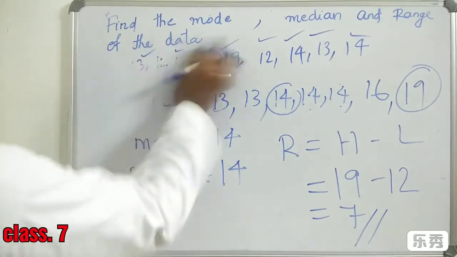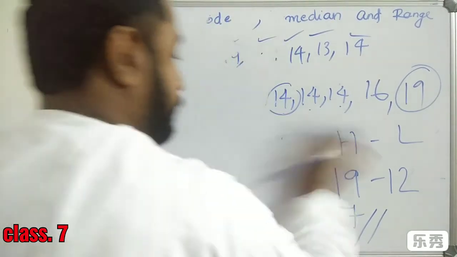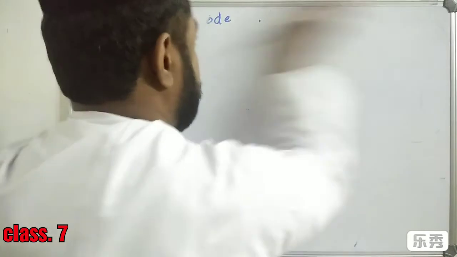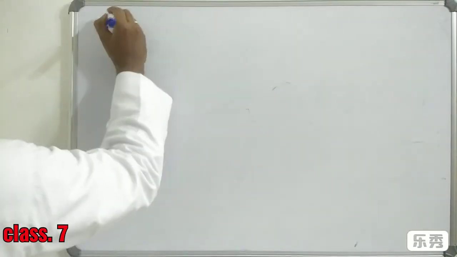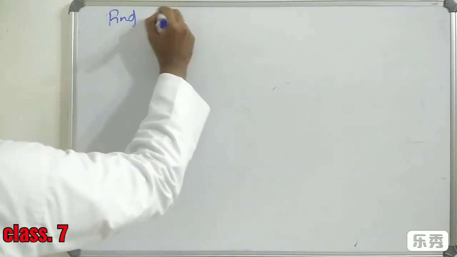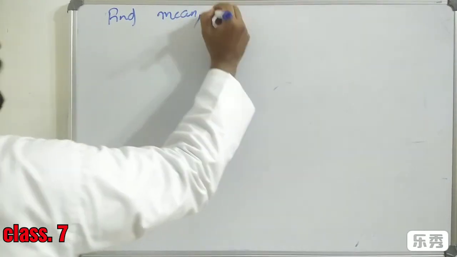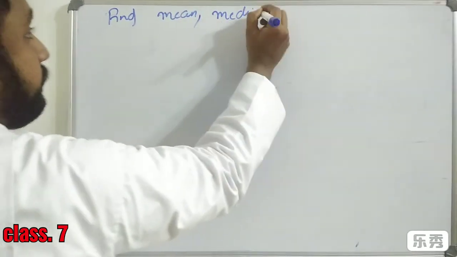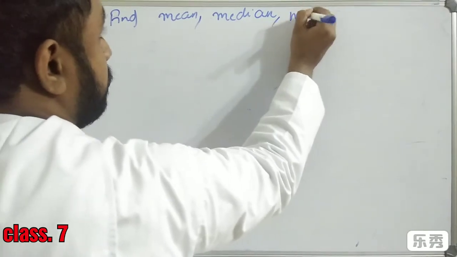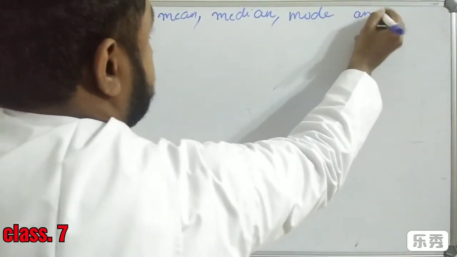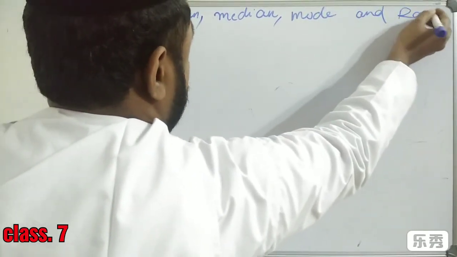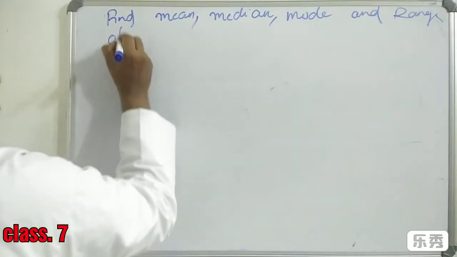I will give you some examples; you have to find the answers. Find the mean, median, mode and range of the following observations.